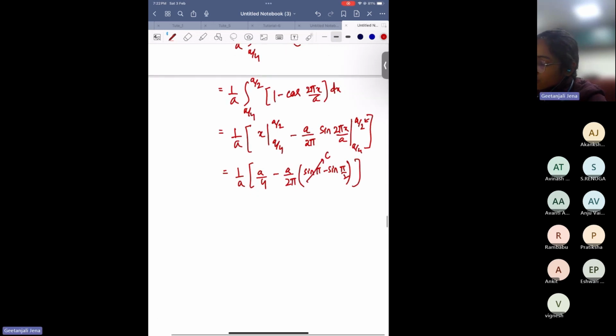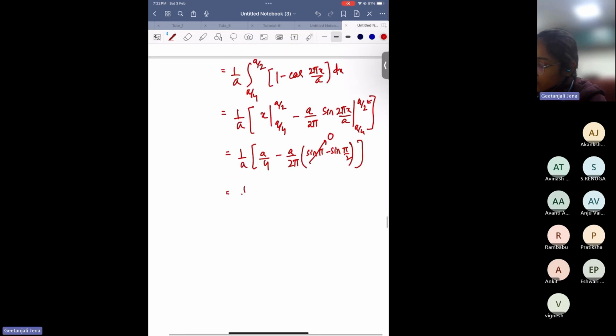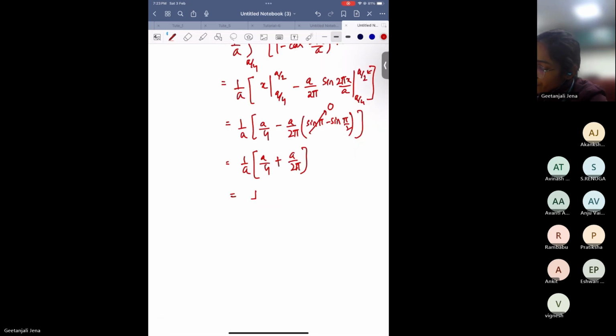So this term is 0. So the final is a by 4 plus a by 2 pi. So this is 1 by 4 plus 1 by 2 pi, which is nothing but 2 plus pi by 4 pi. This is the final solution.